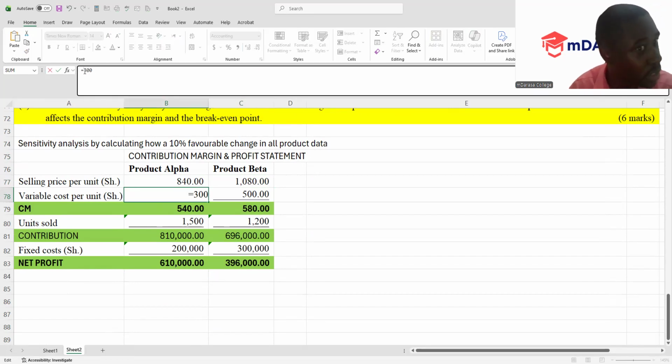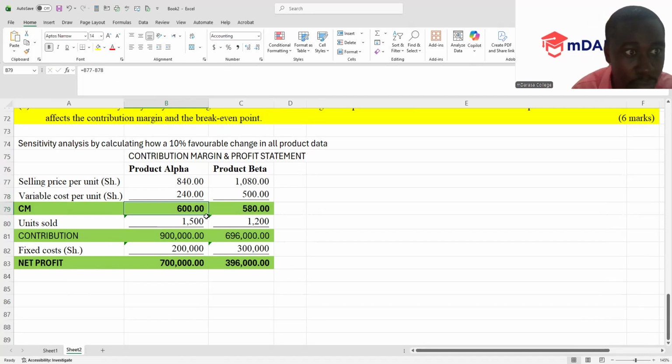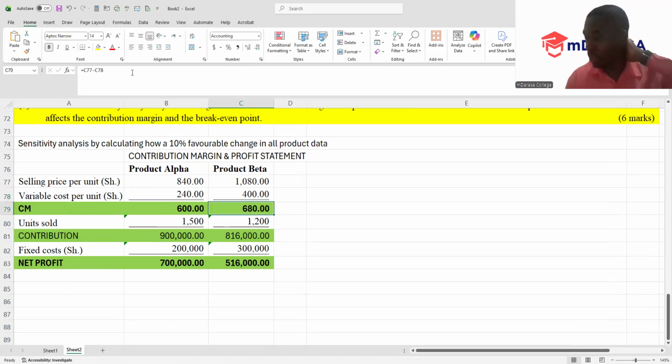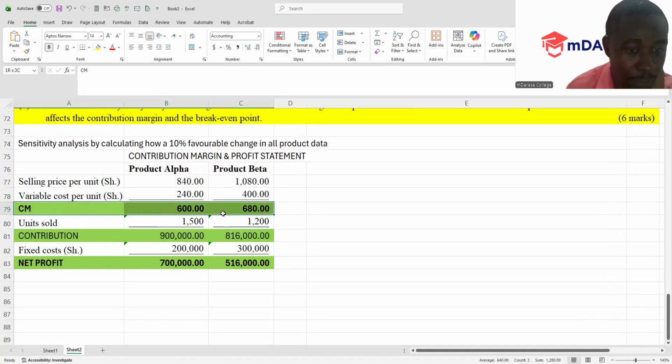Variable cost per unit will decrease, yeah? So by 0.8. This variable cost will decrease because it is favorable, right? It is a favorable variance, so by 0.8. So this should give us our new contribution margin.